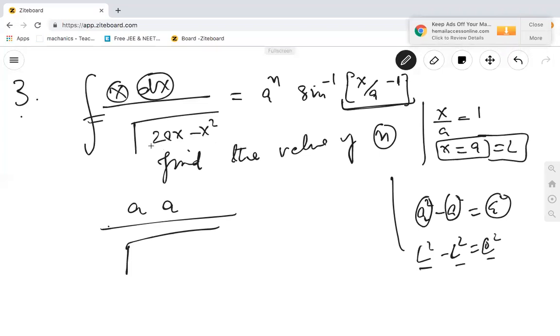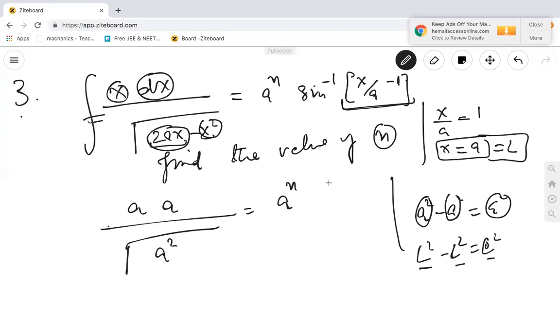So what is its dimension? A square. So what should be the resultant dimension? A square. Because you can't subtract two quantities unless they have the same dimensions. So a square and this must have the same dimensions, and when you subtract them, the resultant also should have the same dimension, a square. A square is equal to a raised power n.